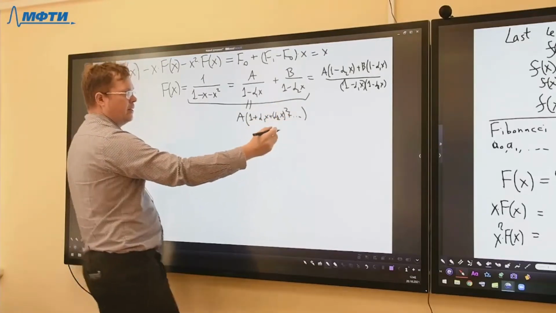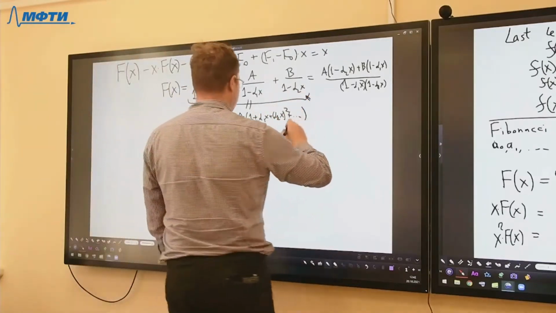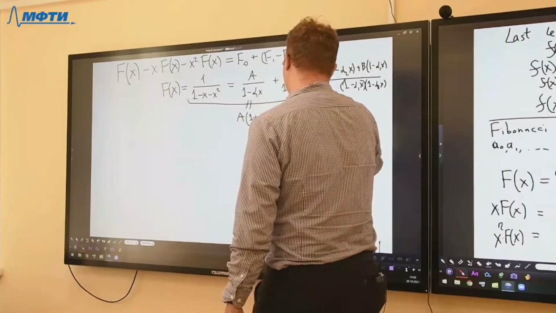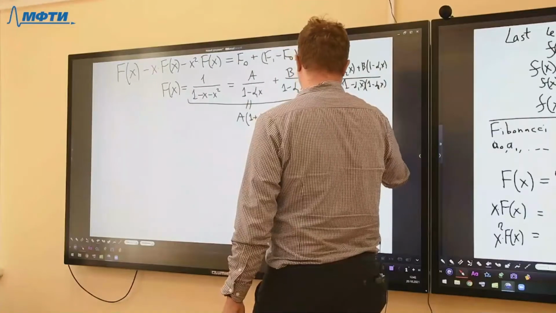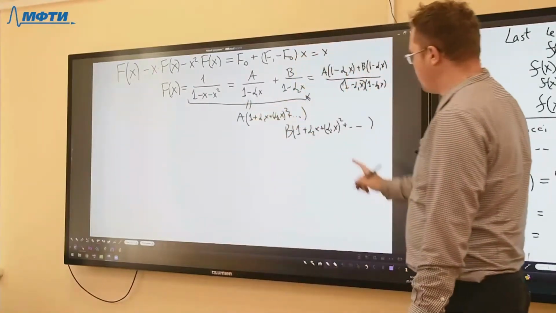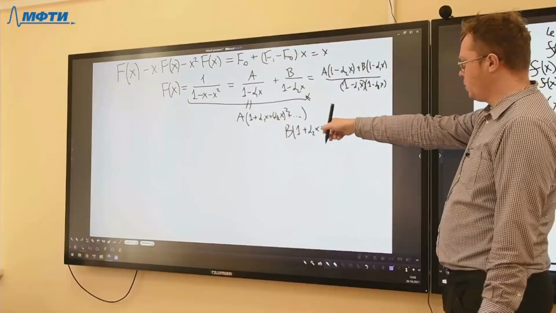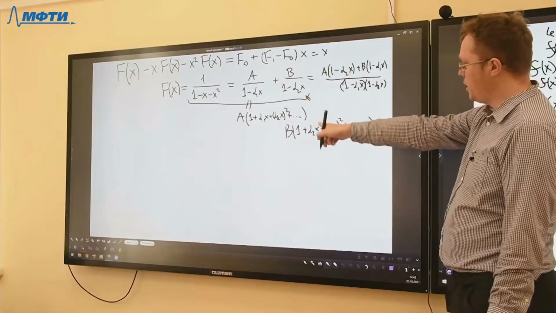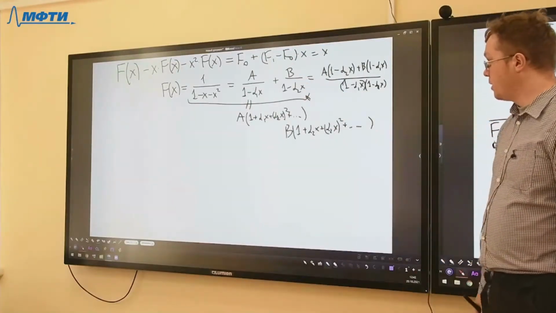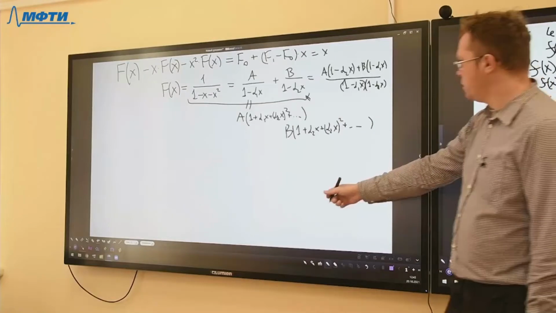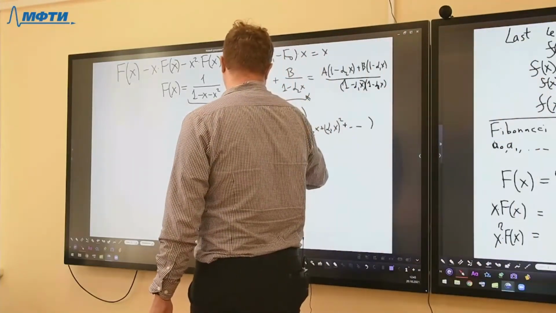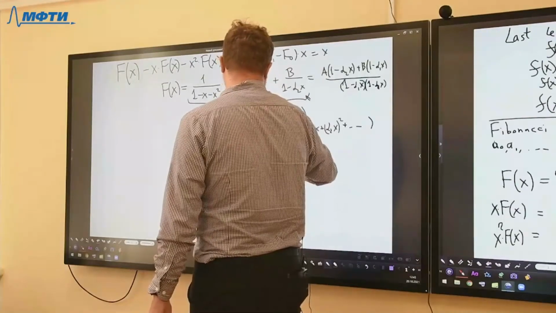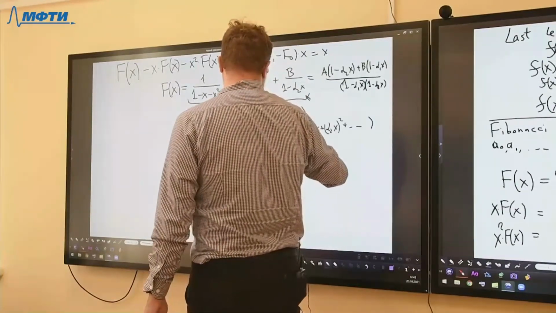And this one is b times 1 plus alpha 2x plus alpha 2 squared x squared plus etc. Okay, so now we have another proof that the Fibonacci numbers are a sum of two geometric progressions, because from this equality I get that Fn is A alpha 1 to the power n plus B times alpha 2 to the power n.